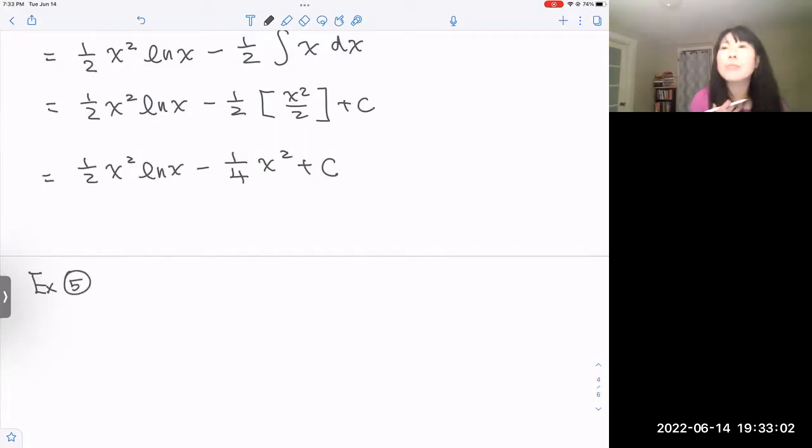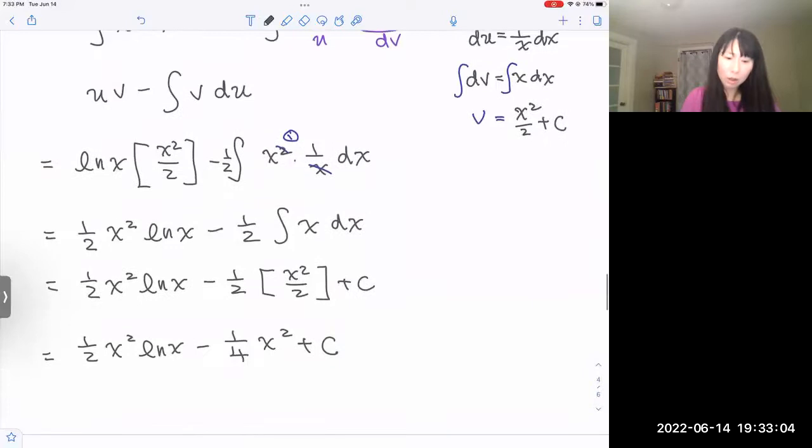Hi, can I ask a quick question? How did you end up with two ln x and ln x, and x squared?